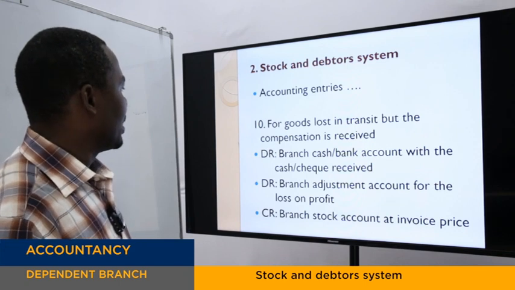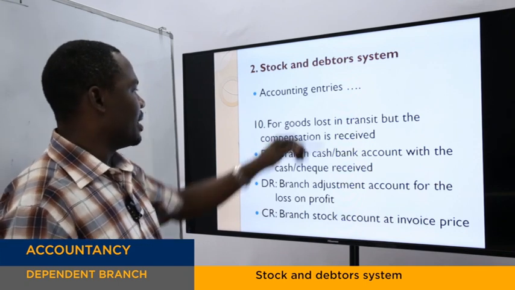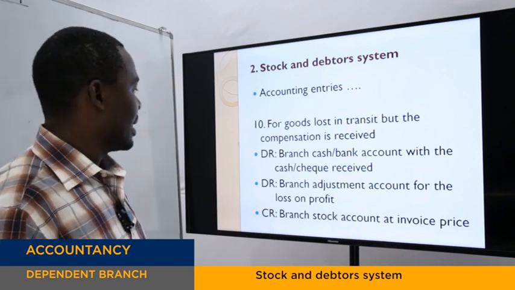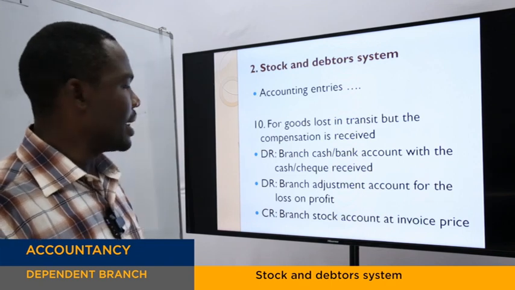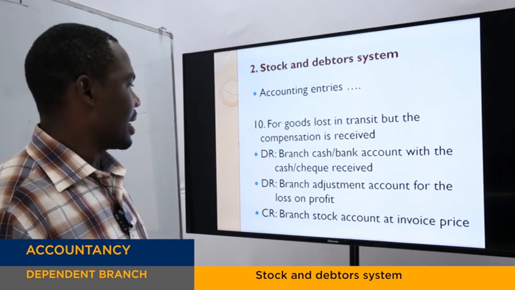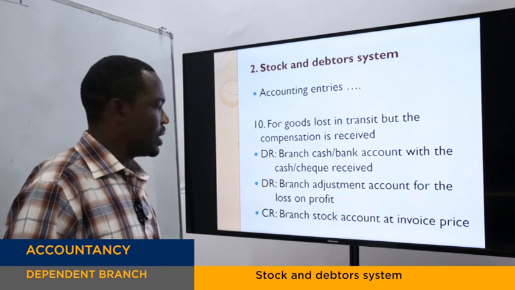What if there will be goods lost in transit? This definitely will be a loss to the business, and normally to have protection against any loss that may happen due to theft or any circumstances, the business may insure those goods.